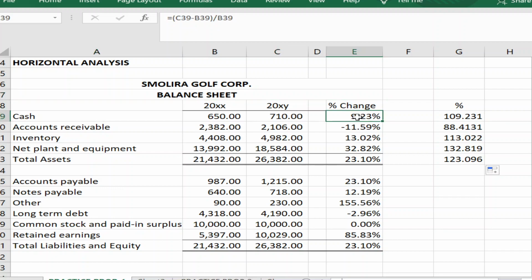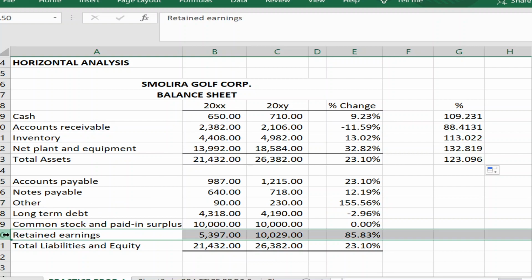And of course, it doesn't end there. We need to investigate the costs. That's why we have to investigate the composition of this 9.23. Why is there a decrease in the accounts receivable? Why is there an increase in our other payables? What caused this increase in our retained earnings?